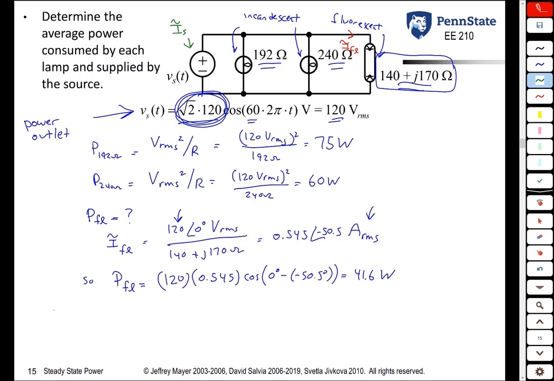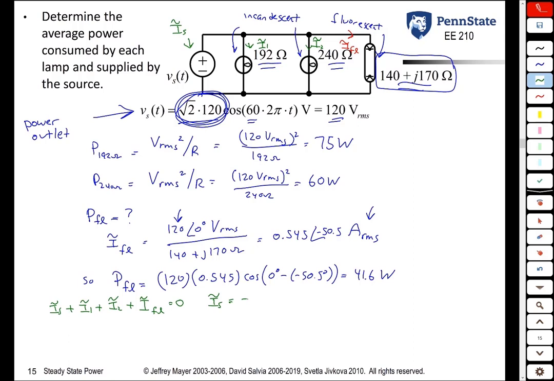What we know is that IS tilde plus, let's call this I1 tilde, let's call this current I2 tilde, plus previously labeled I sub FL tilde, sum of those is equal to 0. So IS tilde is what? It's negative I1 minus I2 minus IFL.